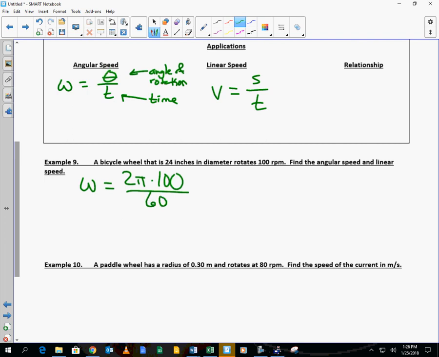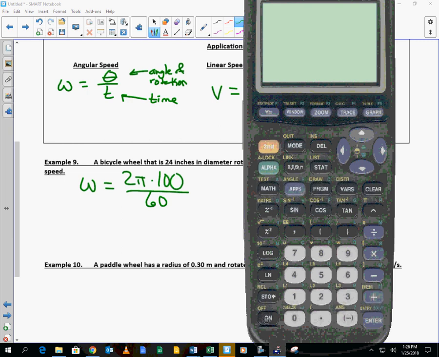So I have a very quick calculation for angular speed. I go 2 pi times 100 divided by 60, and lo and behold, I get 10.47. And the angle is being measured in radians per second.